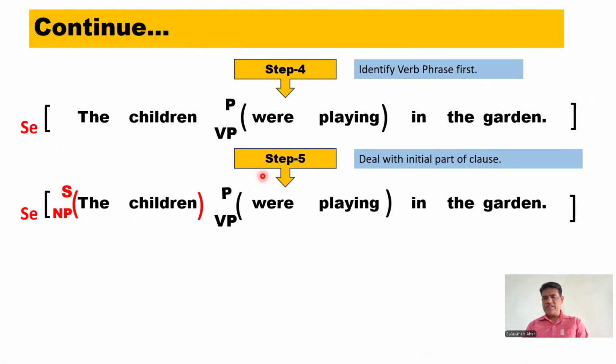Since it is a simple sentence, as well as a declarative sentence, it follows the subject, predicator, object, complement or adverbial rule. So the subject will come first, and that is why we have given subject as the function label to this NP. Now the last part, that is in the garden, let us deal with it also.